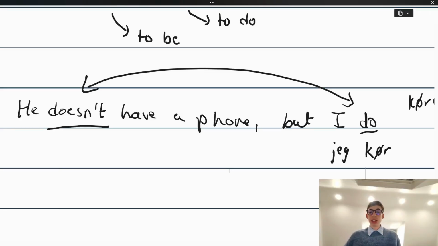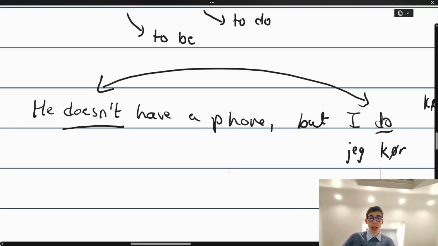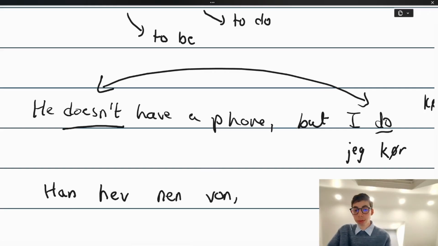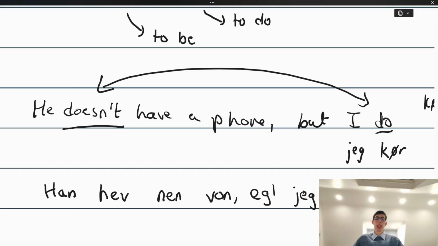So if what we're comparing has have, and we'll probably learn today that have. So if I translate the sentence, this is just for your interest, this is how I would translate this sentence.